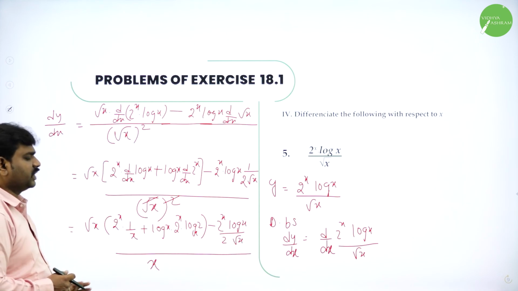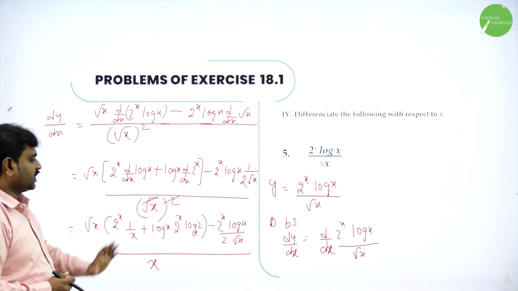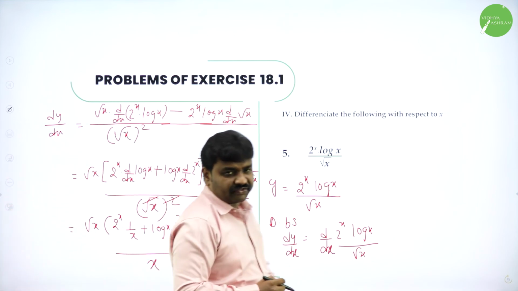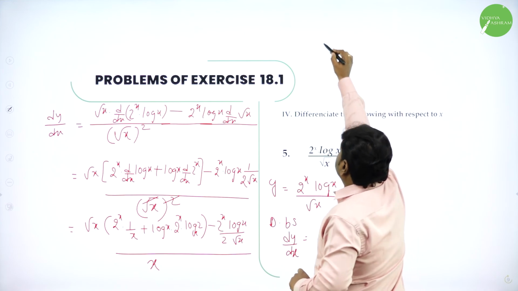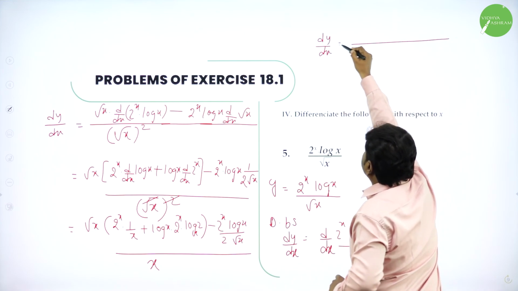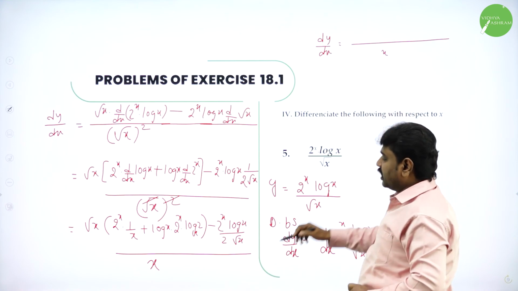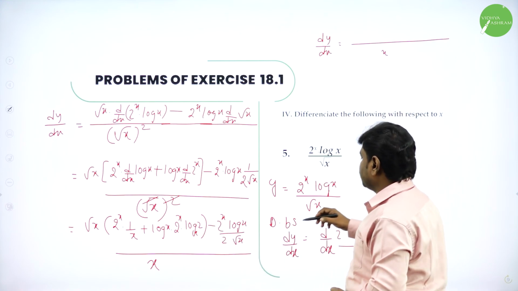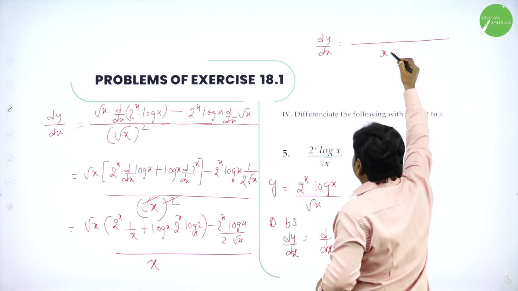Further observe carefully, we can take the LCM and simplify further. So dy by dx can be written as, denominator we have x, and in the numerator take the LCM. Root x will be the LCM, 2 root x.